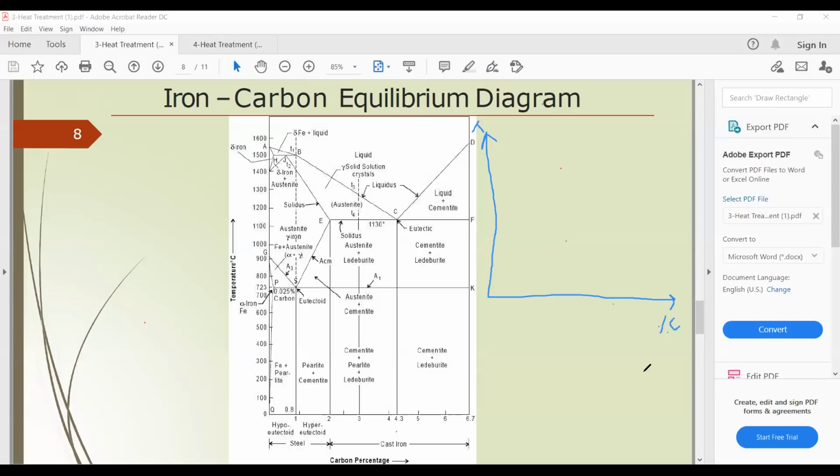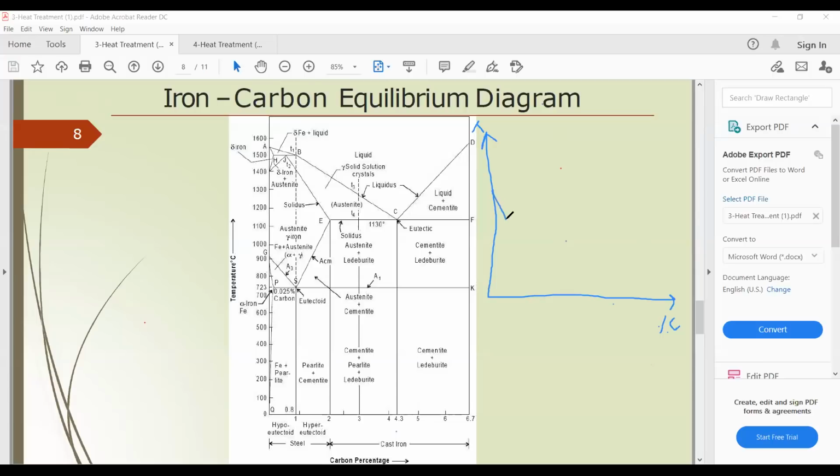What are they? Austenite, pearlite, martensite, ferrite, cementite. So these 5 main constitutions are important to draw this iron carbon equilibrium diagram, right? So you have to remember them.